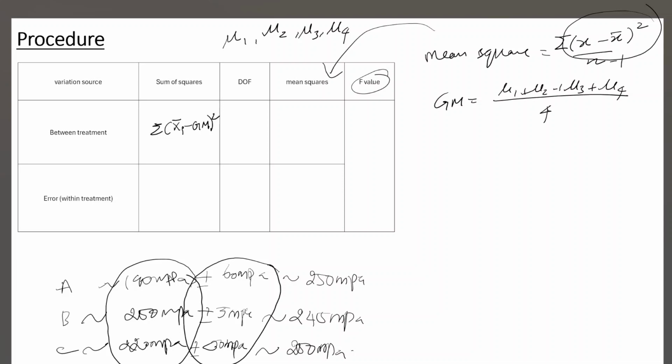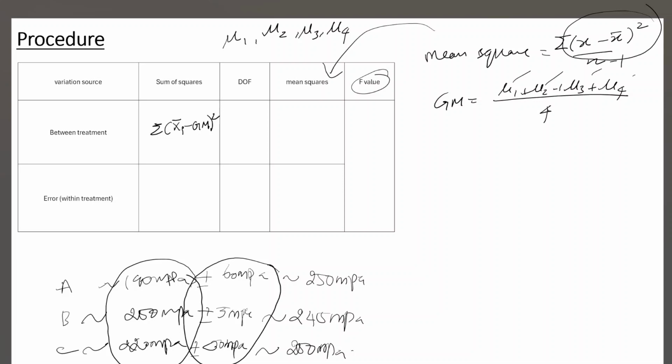So these are all the xi bars. Mu one, mu two, mu three, mu four are the xi bars. Then this is how we find the sum of the squares between the treatment.